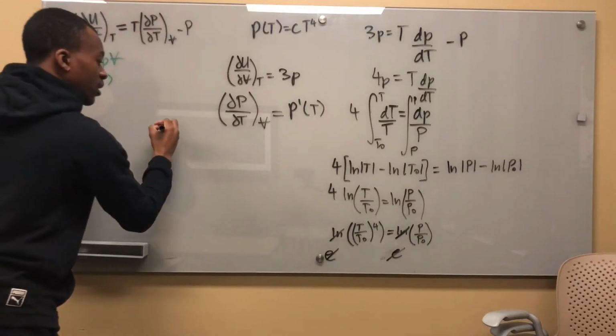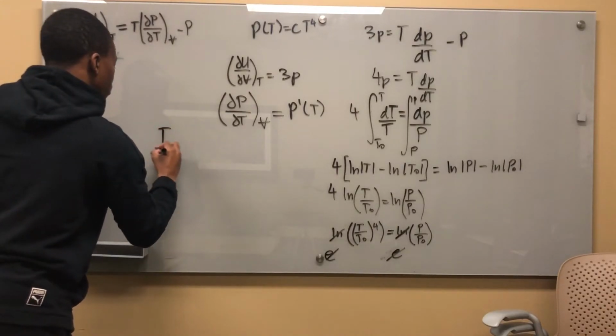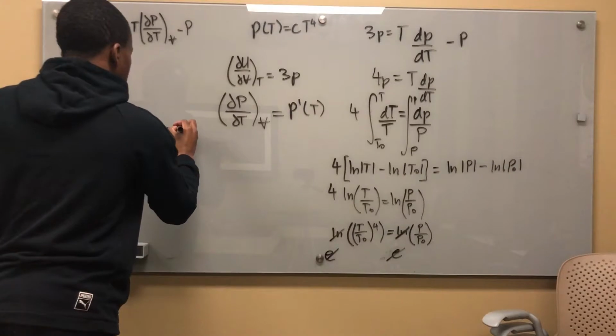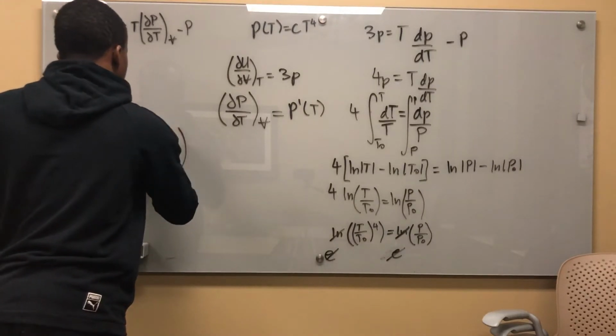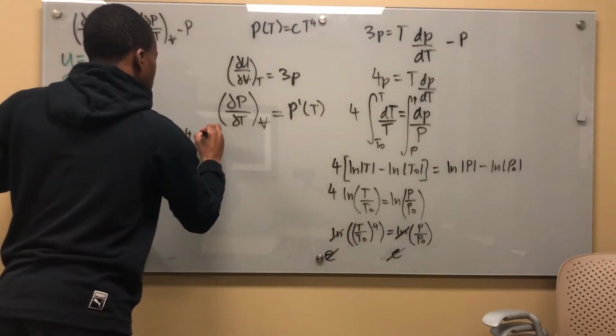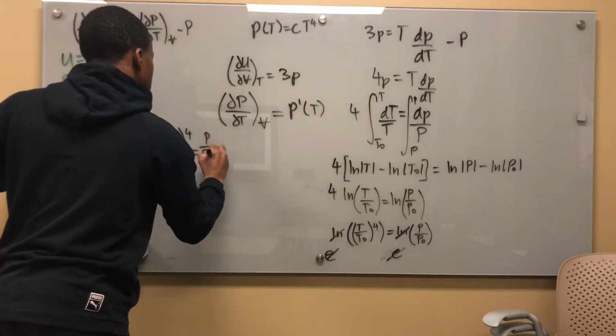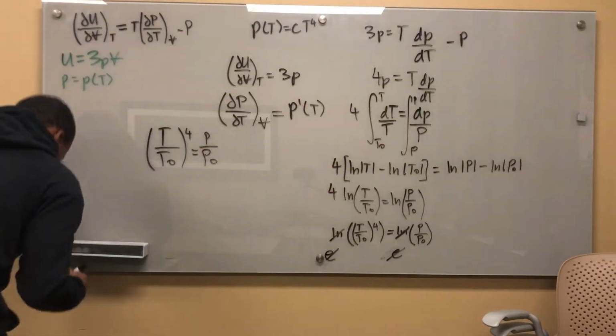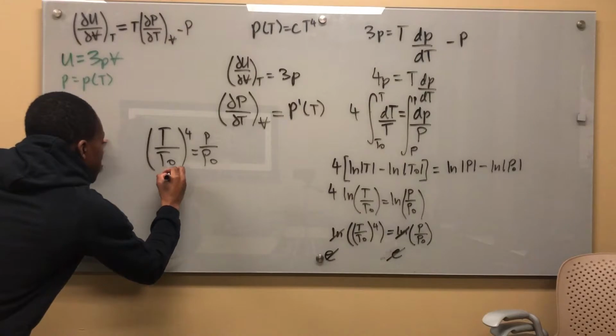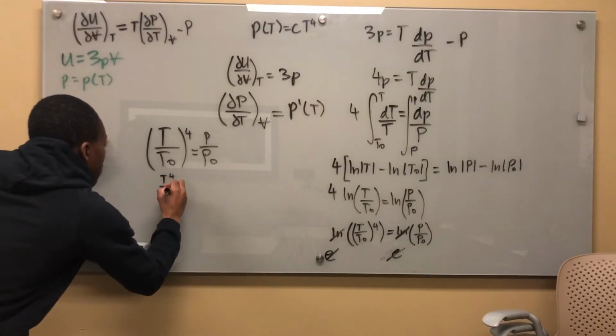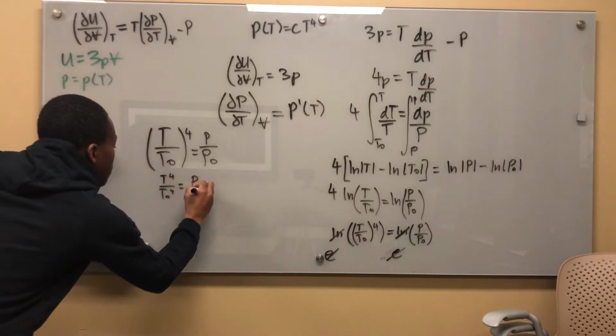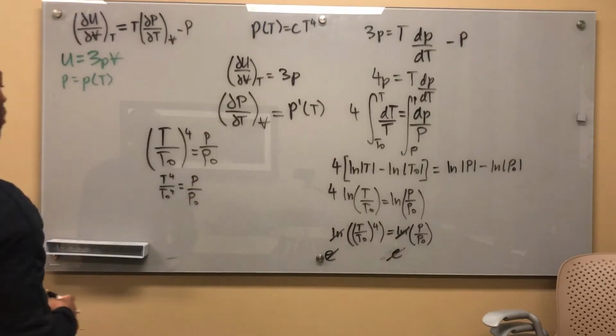I'll bring this over here. T over T naught. Okay, let me just not skip steps. So this is this, right? And can't this just be given by T to the 4th over T naught to the fourth is equal to P over P naught, right?